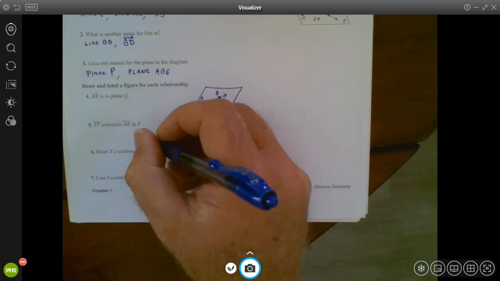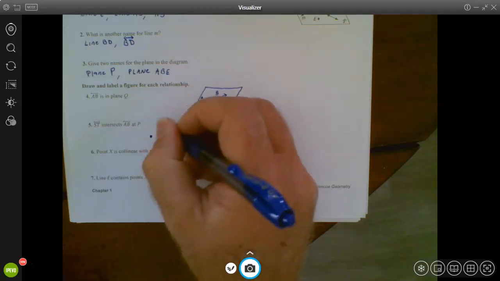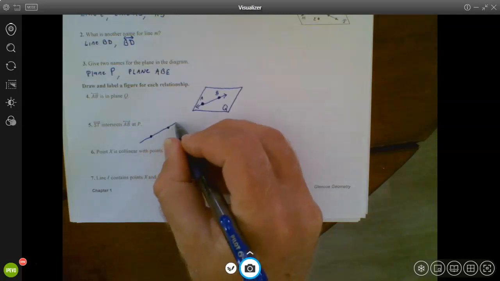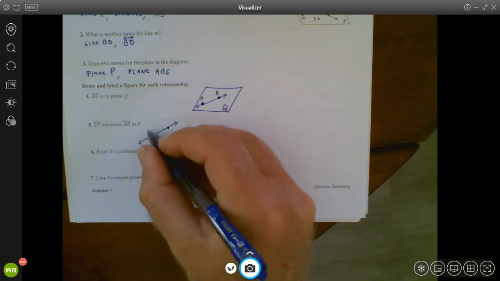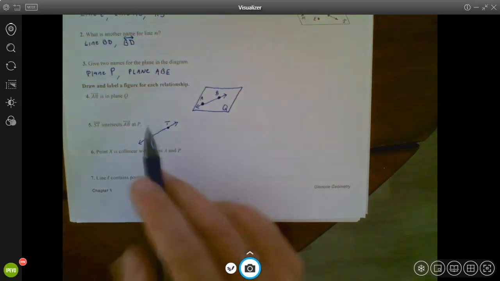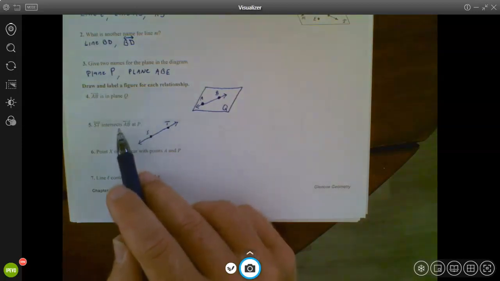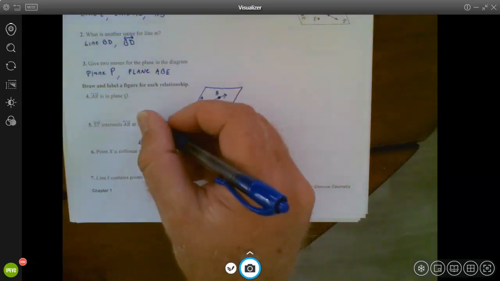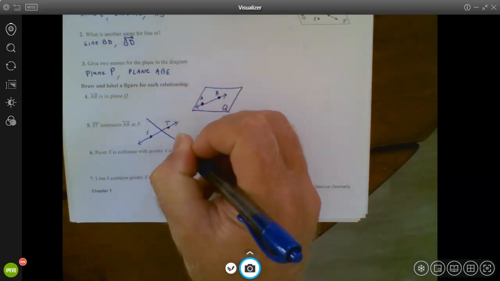So here's ST. So here's my line for ST. Gotta make sure we label all that stuff. And it's going to intersect or cross over line AB. So I'm going to draw line AB.